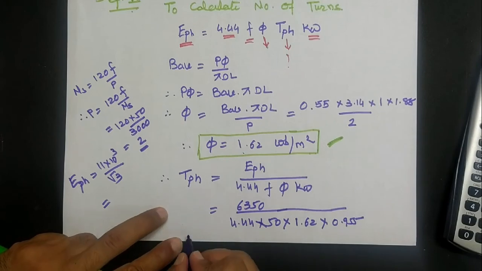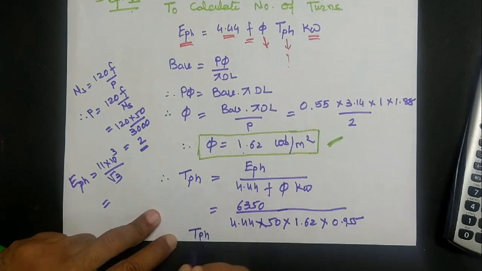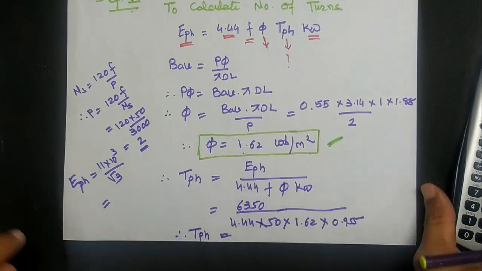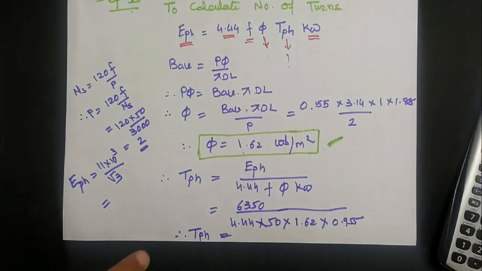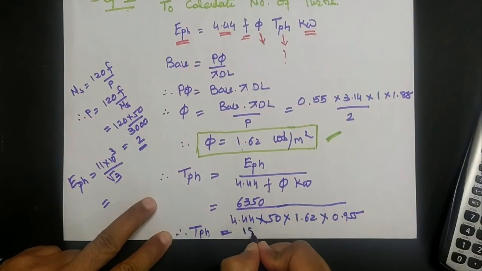So let us now calculate turns per phase. 6350 divided by 4.44 divided by 50 divided by 1.62 and divided by 0.955. So it comes to 18.48.